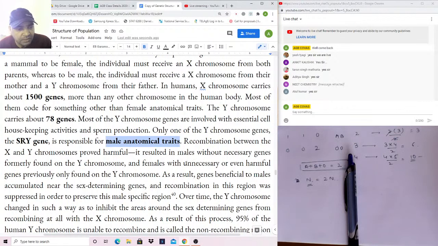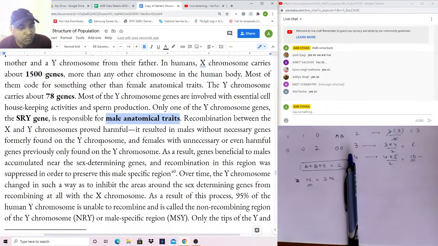Recombination between the X and Y chromosome proved harmful. So in meiosis, there is no recombination between an X and Y. It resulted in males without necessary genes formerly found on the Y chromosome and females with unnecessary or even harmful genes previously found only on the Y chromosome.